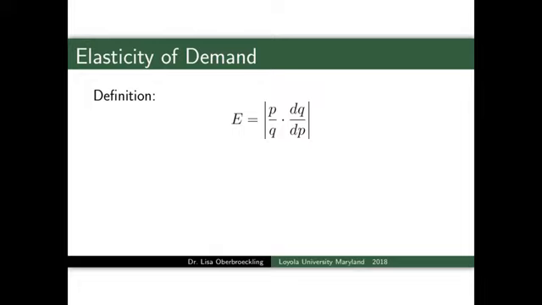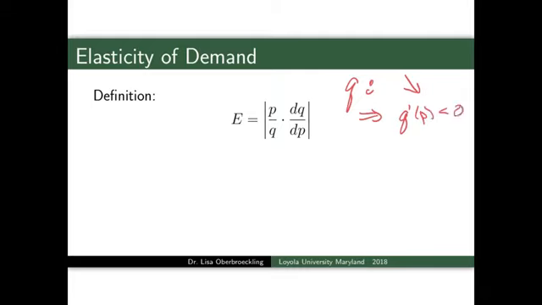Usually, for most markets, for most products, without the absolute value, you would have a negative number, because the relationship between P and Q is usually a negative relationship. The higher the price, the less quantity you expect to sell. So you expect Q to have a decreasing relationship, so that we would expect Q prime to be negative.